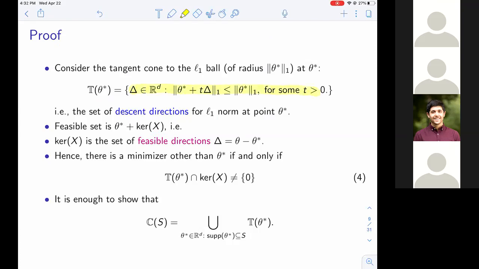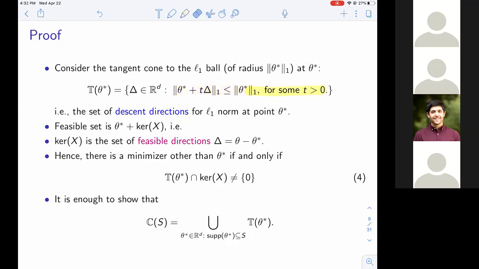What this is saying is that the tangent cone is the set of deltas that satisfy this condition, and any particular delta that satisfies this condition is called a descent direction for L1 at point theta star. Why is this called a descent direction?